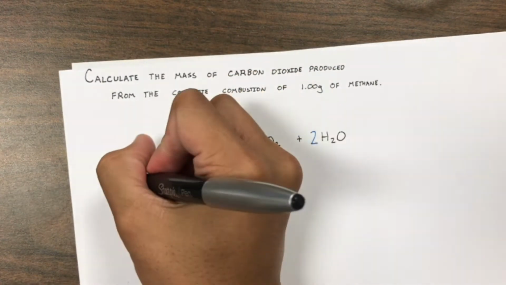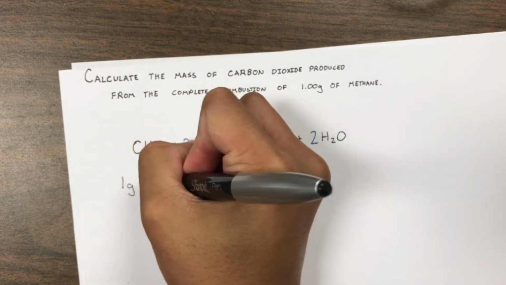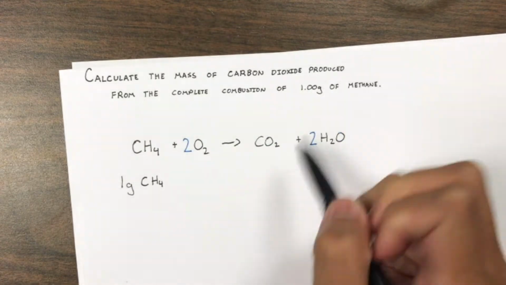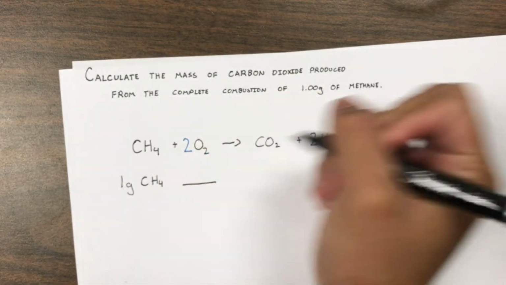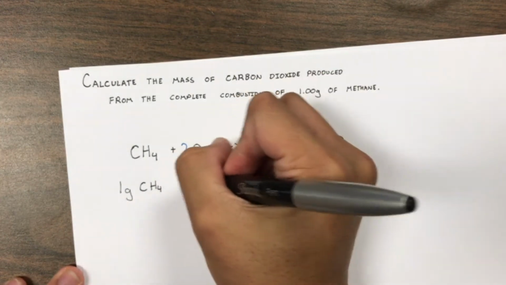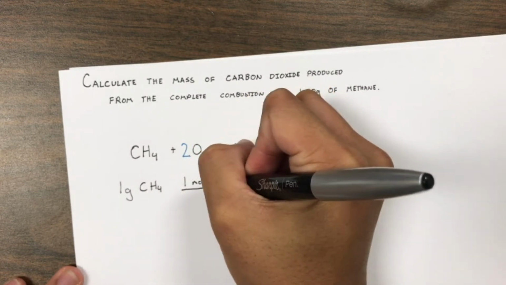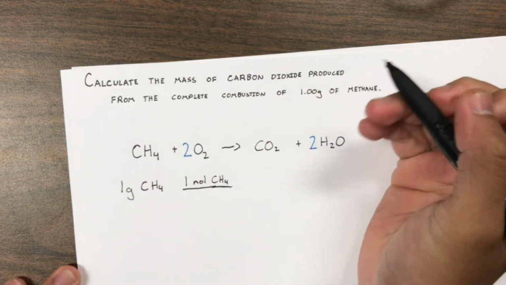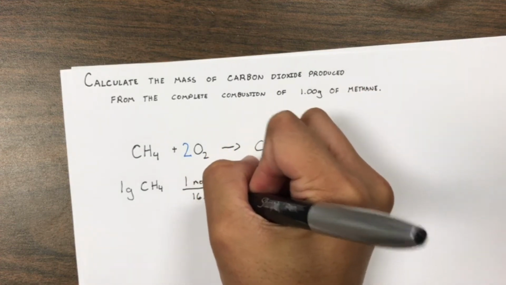So we are starting with 1 gram of CH4, and we're trying to get to carbon dioxide. The first thing we need to do is convert this to moles. For every 1 mole of CH4, this is 12 plus 4, so that's 16.04 grams.